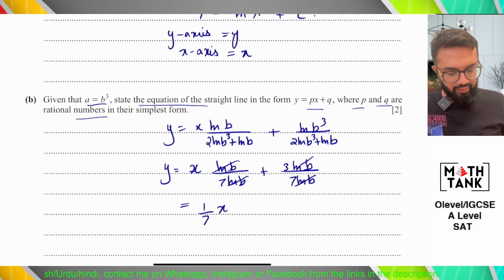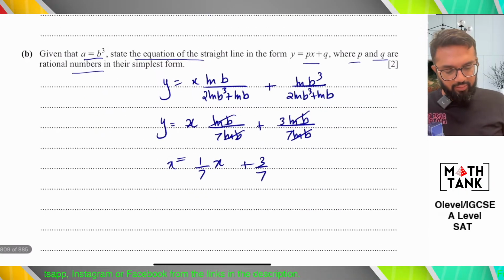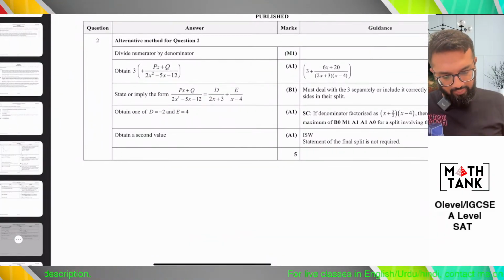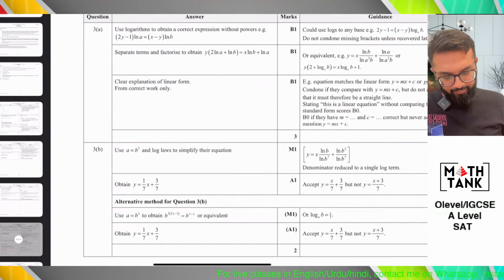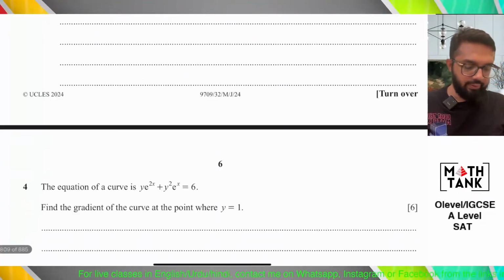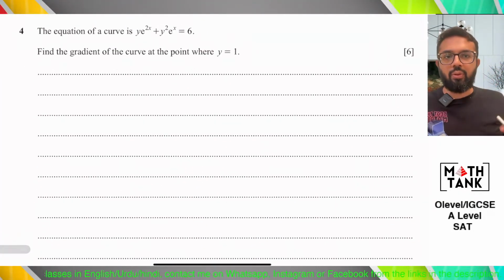So 1 over 7x plus 3 over 7. So I've equated, yeah. Yeah, 1 over 7 and 3 over 7. Those are the correct answers. Quickly move on to question number 4.